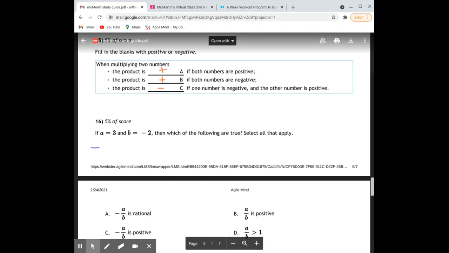Can you read over number 15 with our answers? The product is positive if both numbers are positive. The product is positive if both numbers are negative. The product is negative if one number is negative and the other is positive. Great job.